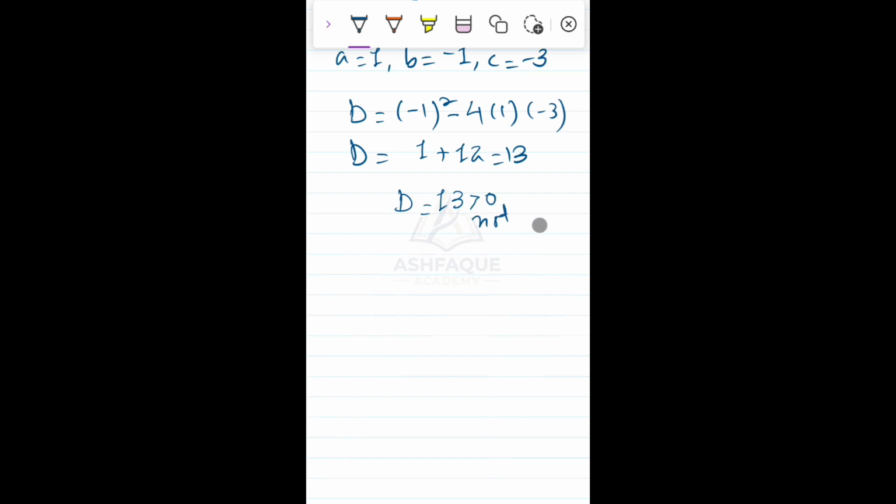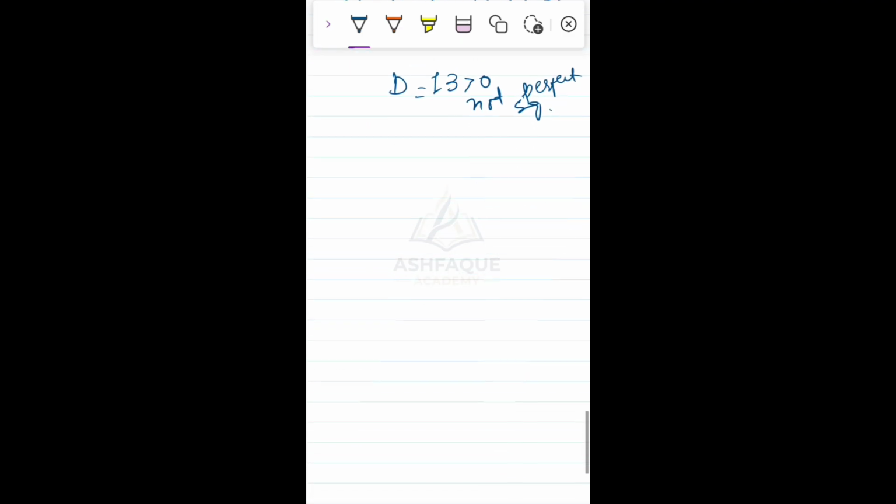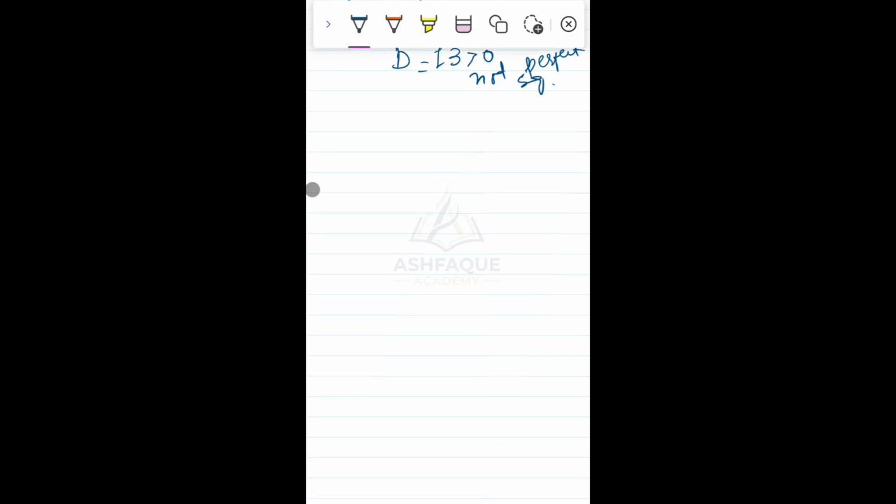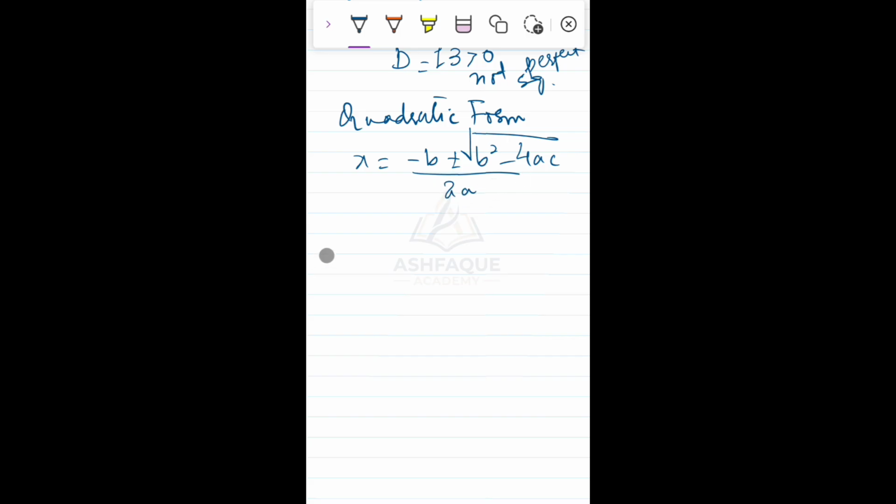13 is not a perfect square, so we will solve it through the quadratic formula, which is x equals minus b plus minus the square root of b square minus 4ac, upon 2a.